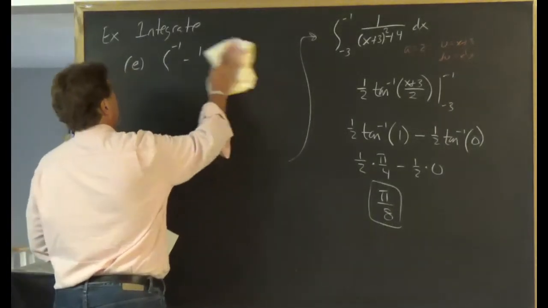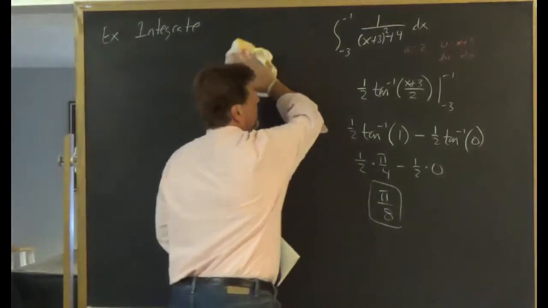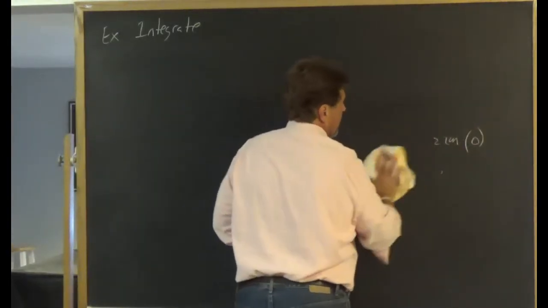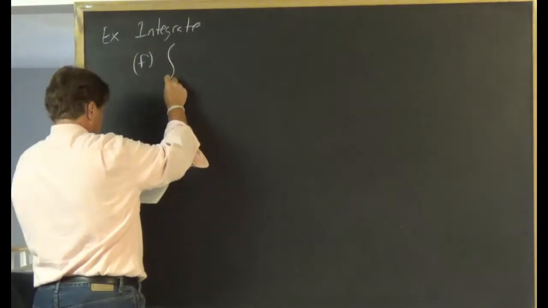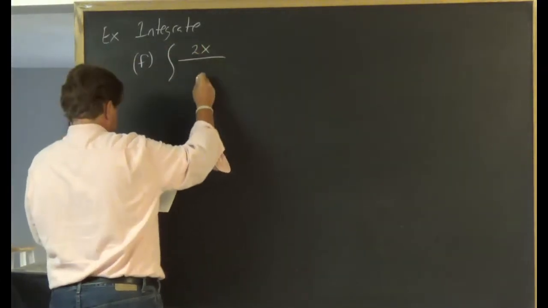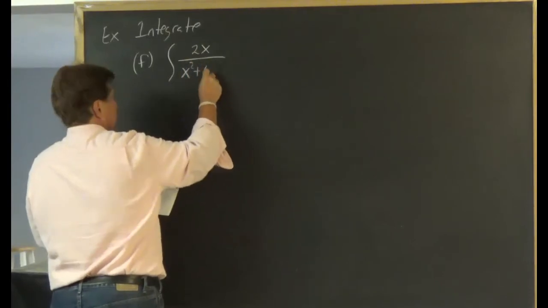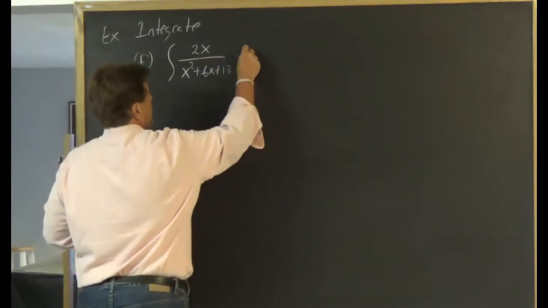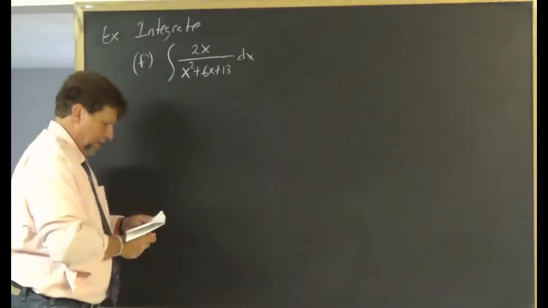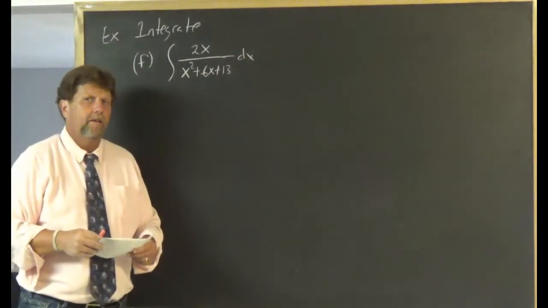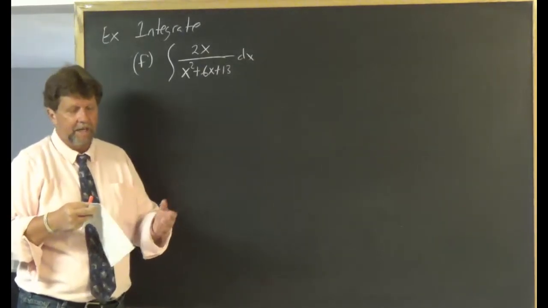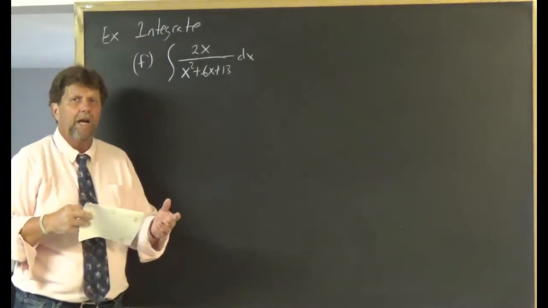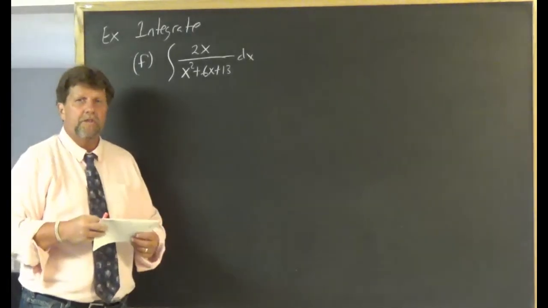Let's look at part F. It looks so much like part E. Part F is integrating 2x over x squared plus 6x plus 13 dx. The only difference is that in part E the numerator was a 1, and here the numerator is a 2x.